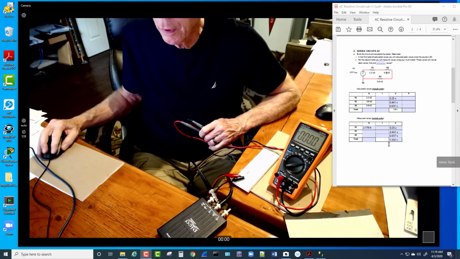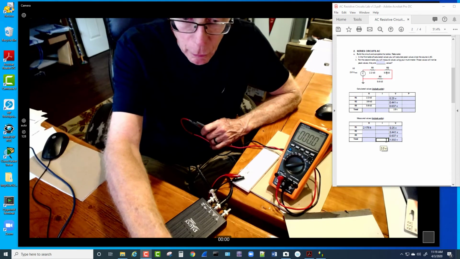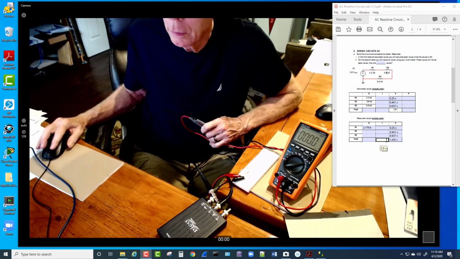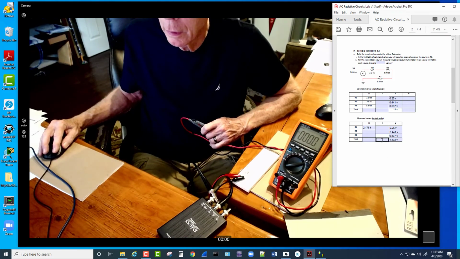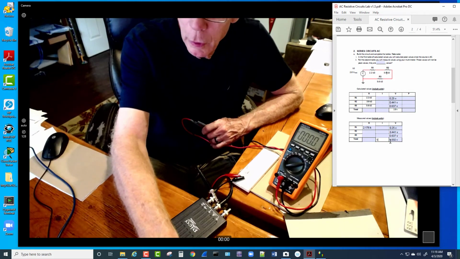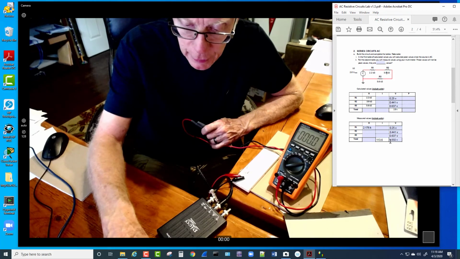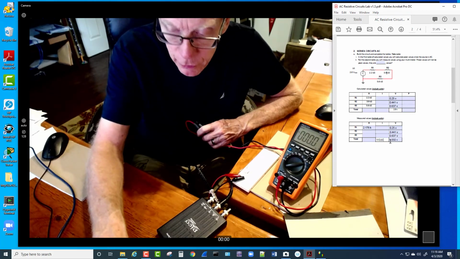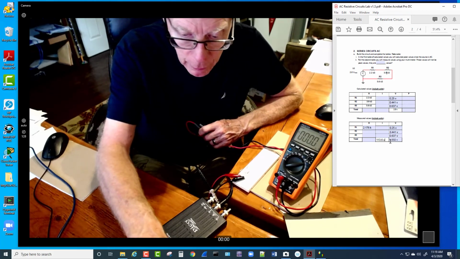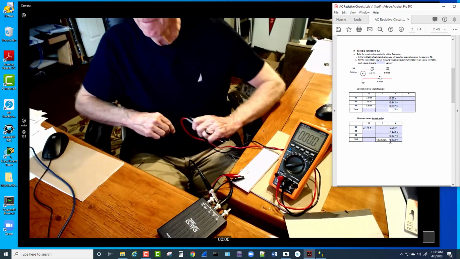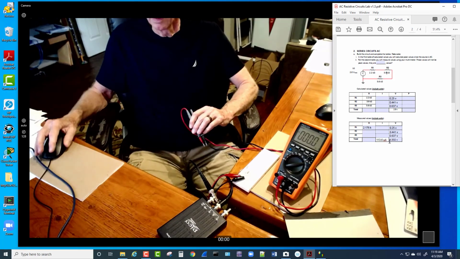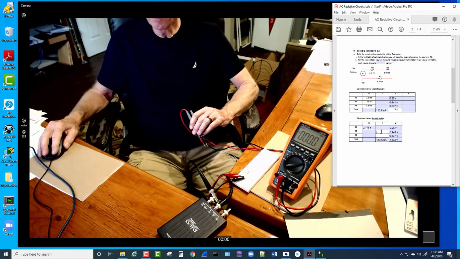So over here, why didn't it let me do that? Here we go. 113.6, and I'll just use a little u, microamps. Okay? Now that's going to be the same value everywhere here.